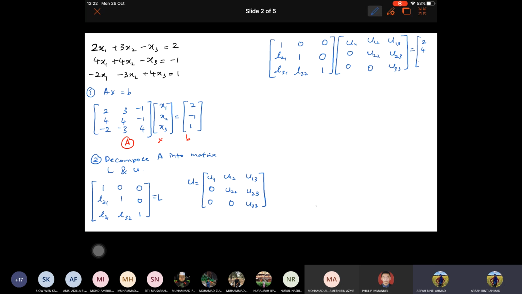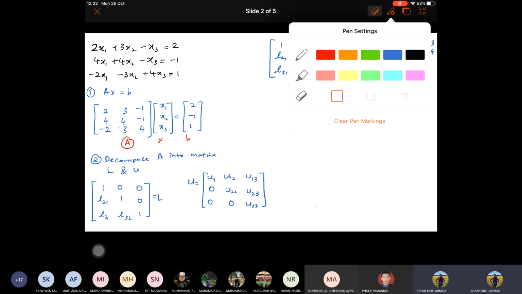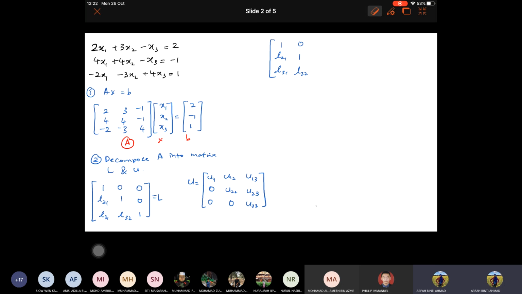2, 4, negatif 2, 3, 4, negatif 3, negatif 1, negatif 1, 4. Alamak tak muat.